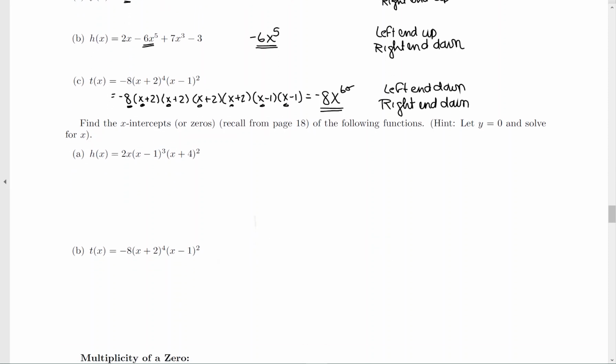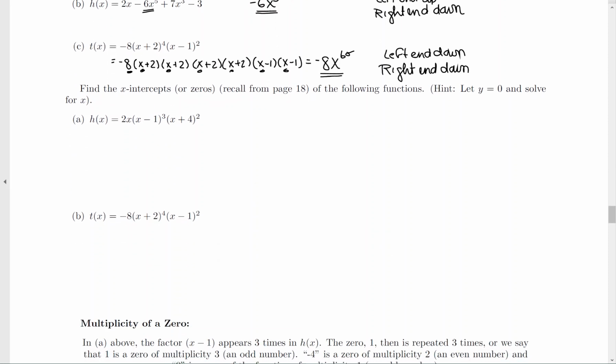Right. The next set of directions is asking me to find the x-intercepts or zeros of a function. Hint, let y equal 0 and solve for x. These are factored, so my first function, h of x equals 2x times the quantity x minus 1 cubed times the quantity x plus 4 squared.